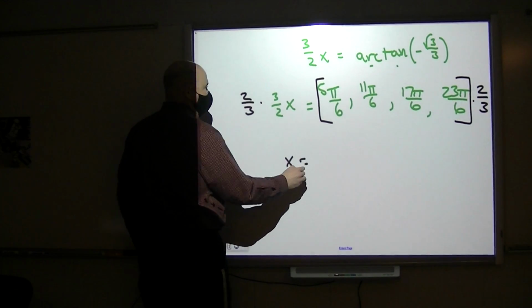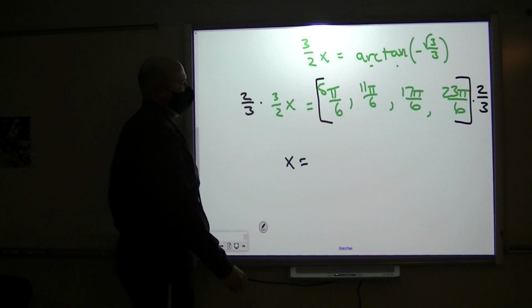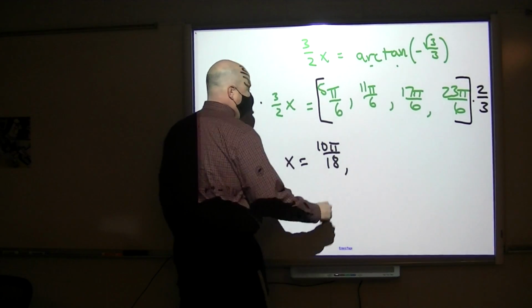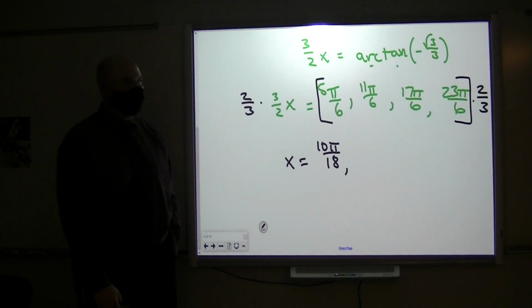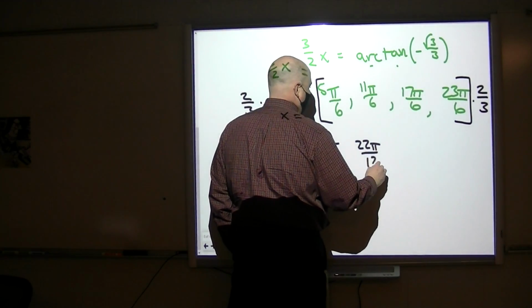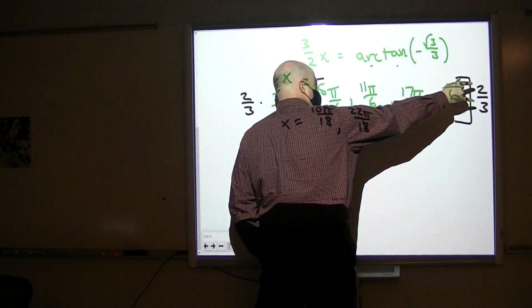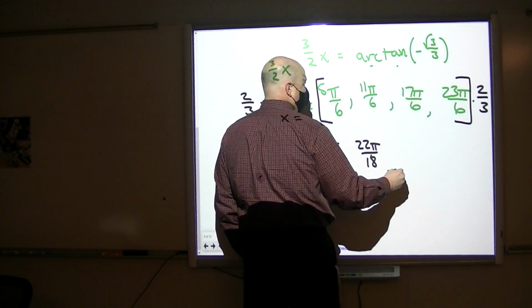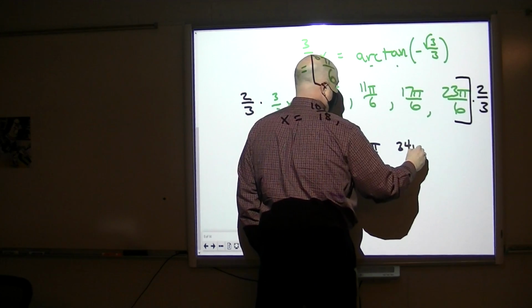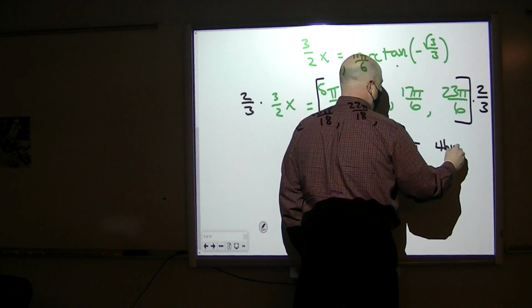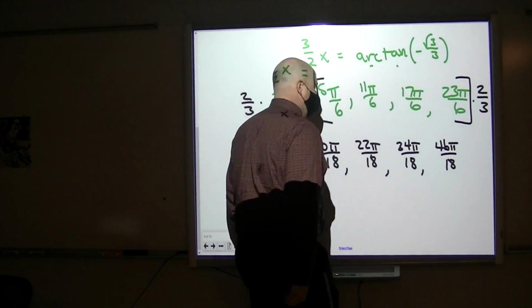So I'll have x equals 10 pi over 18. Yes, I know that can be reduced. 22 pi over 18. All I'm doing is taking the 2/3 and multiplying it times each one of these. 34 pi over 18 and 46 pi over 18.